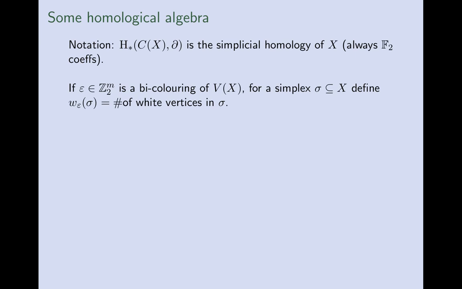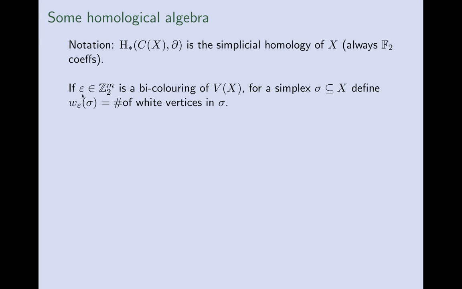So this is just the sum over all codimension 1 faces for each of the simplices in X. And I said sum because I'll always be using just F2 coefficients throughout, so we don't have to worry about signs and all that.